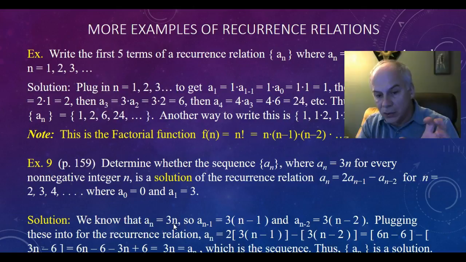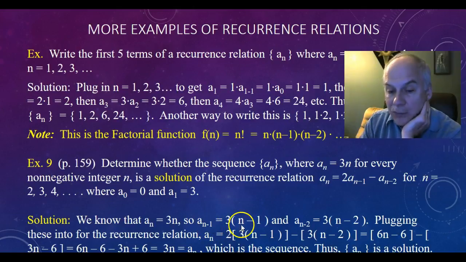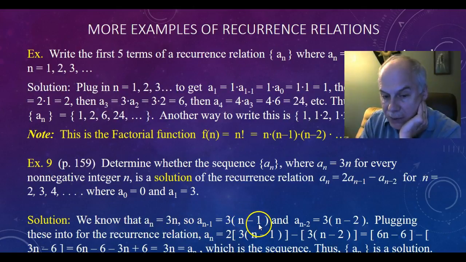So what we can do is plug in n minus 1 for n to get the a sub n minus 1 term. So instead of n, we plug in n minus 1, so it's 3 times n minus 1.